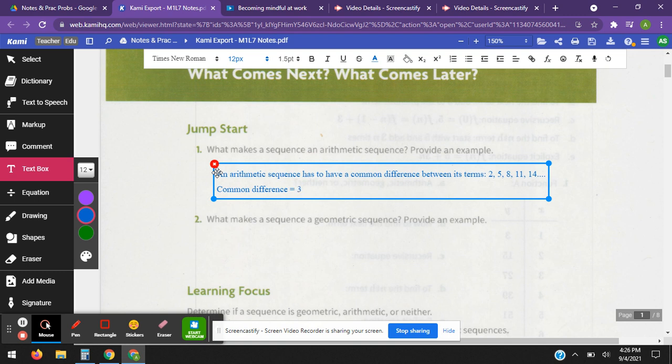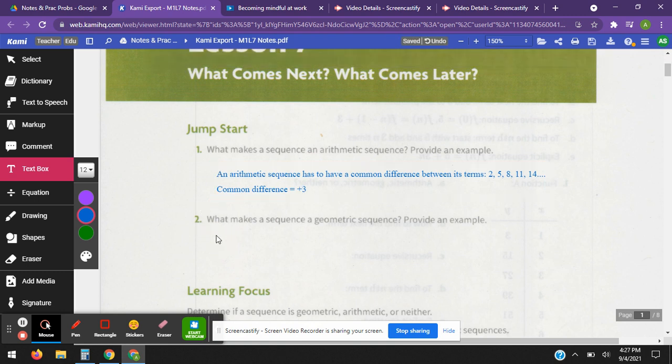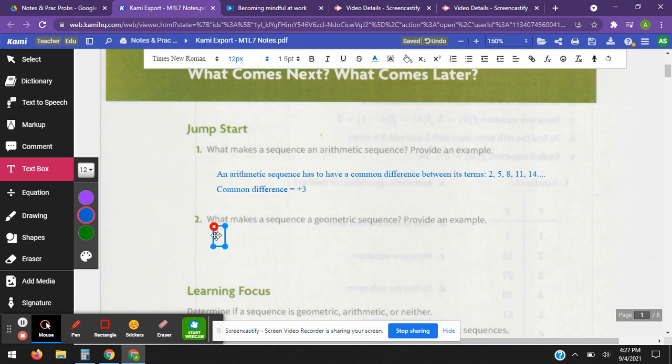Right? Plus 3. All right, so what makes a geometric sequence? A geometric sequence has to have a common ratio between its terms.